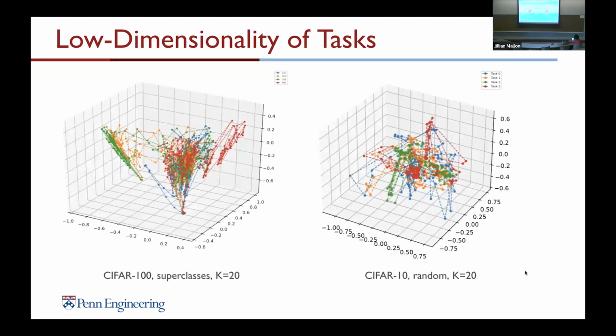This is an intensive PCA visualization of the first 3 dimensions of all the tasks. The left plot is a multitask pre-training on CIFAR-100, where the tasks are divided based on the superclasses, so we have 25-way classification tasks.